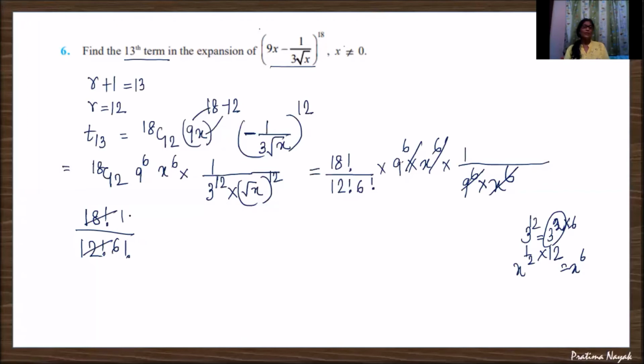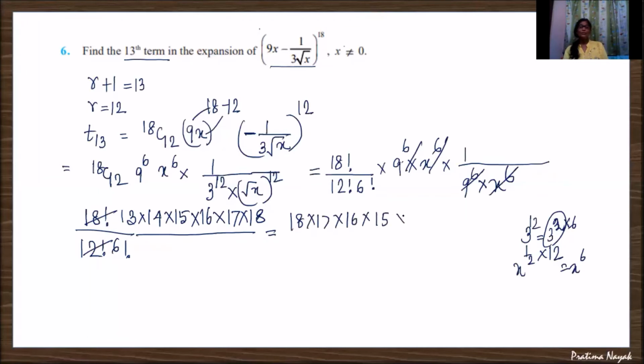It will be 13 into 14 into 15 into 16 into 17 into 18. Such a big number, but you have to multiply. And what about 6 factorial? 6 factorial is equal to how much? Let me write again: 18 into 17 into 16 into 15 into 14 into 13 upon 6 into 5 into 4 into 3 into 2.